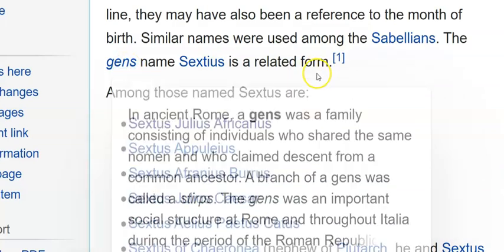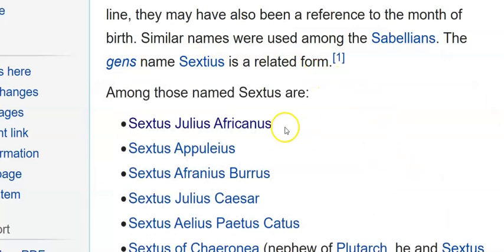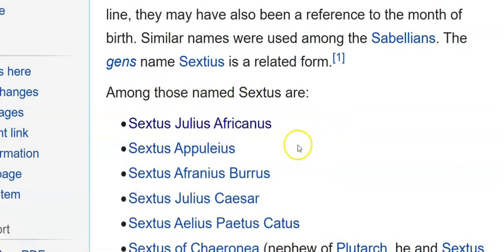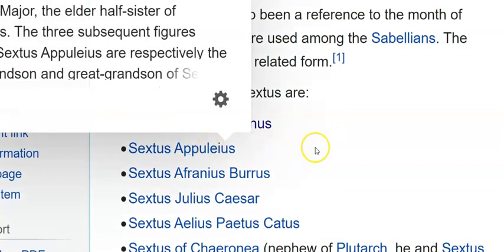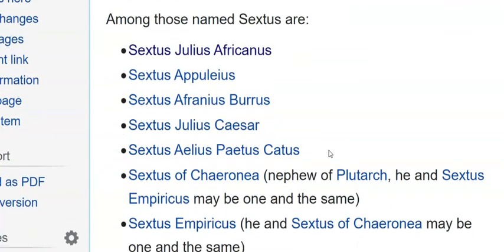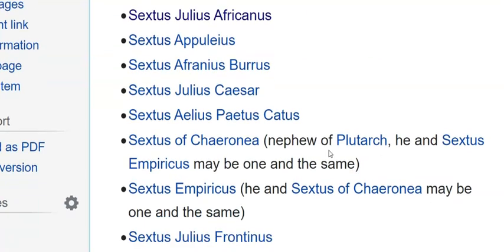Gens. And then you read this type of stuff here, like this Sextus Julius Africanus. Very funny stuff. I did one of the videos and I pointed out the Roman stuff is basically very influenced by African stuff. So you see a lot of African ideas in Roman stuff, but it's presented to you in a white way.